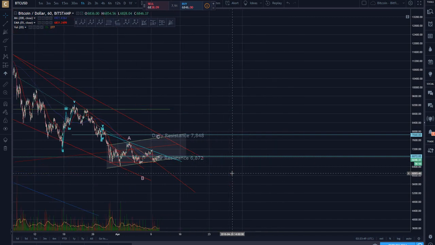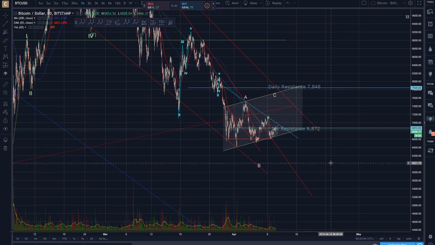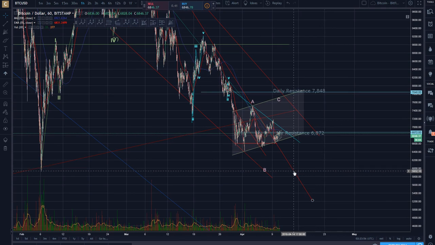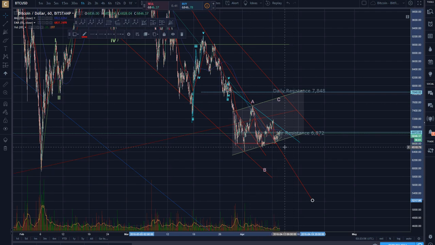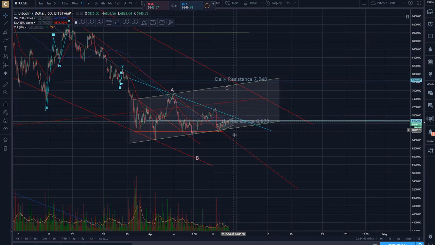As I had mentioned some time ago, these are things that I am looking at, and in particular, this line right here is one of those GAN angles. So if we are going to go ahead and get bearish again, then we have to break this angle.